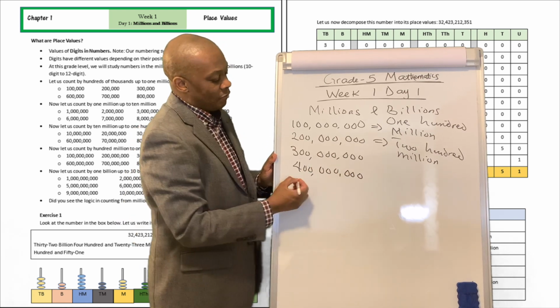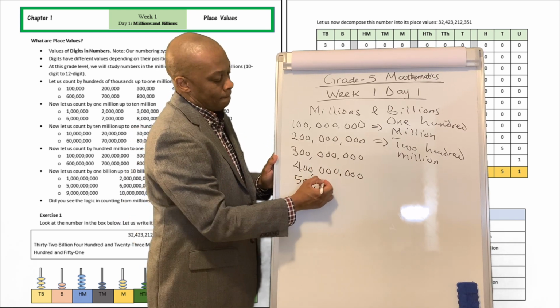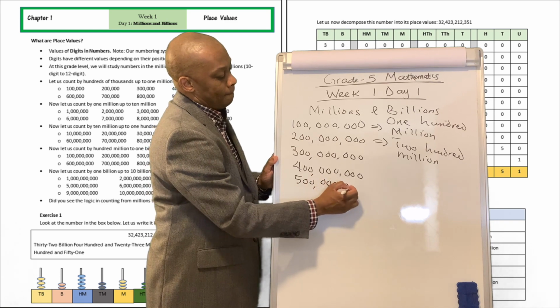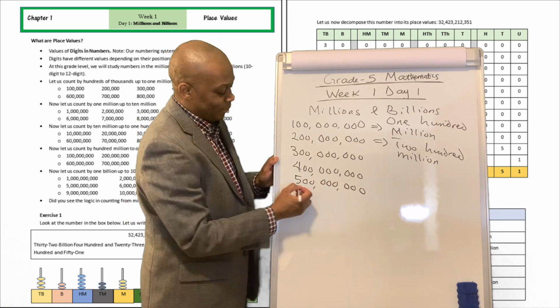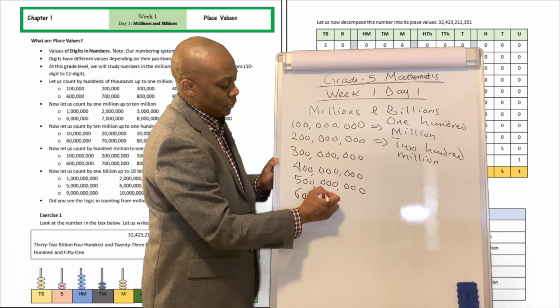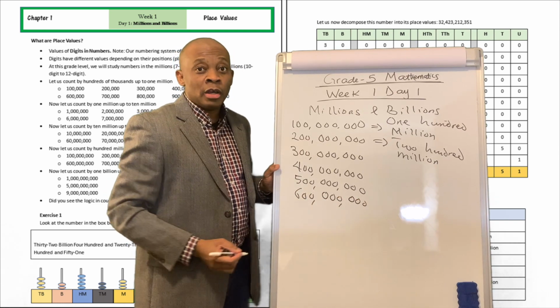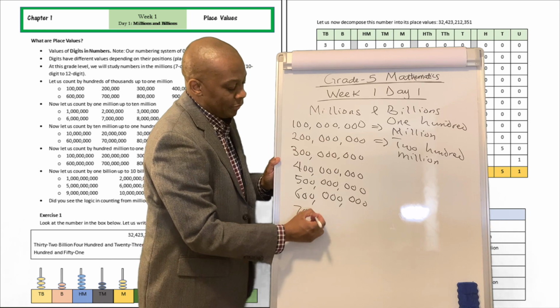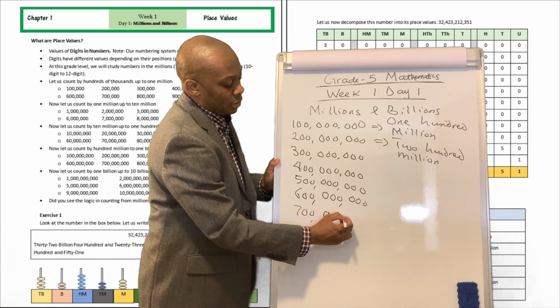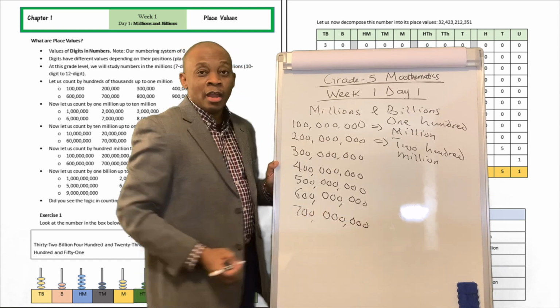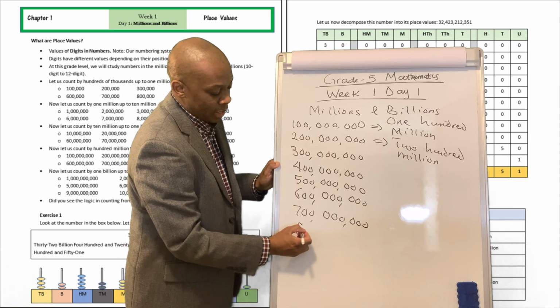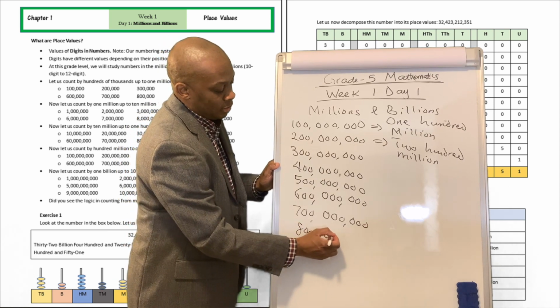All right, 500 million. What about 600? 600 million. What about 700? 700 million. What about 800 million? 800.